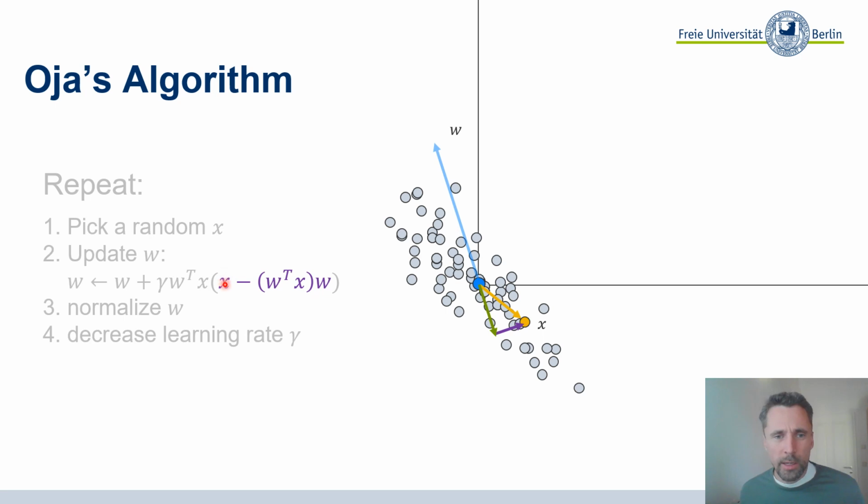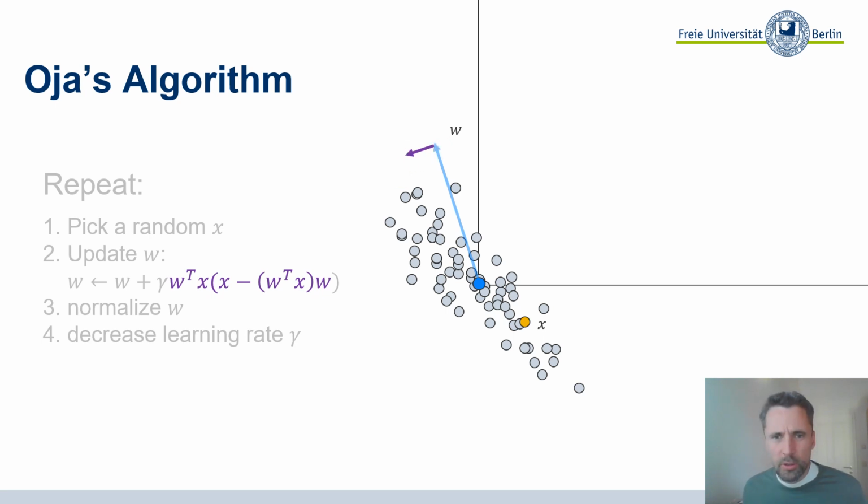Now let's have a look at x minus this vector. So x is this, and x minus this vector points to x, this way. Then the second dot product that we highlighted before comes into play, because this was negative, remember? So this flips this vector, and then we add it onto W with a scalar that we call the learning rate, gamma.